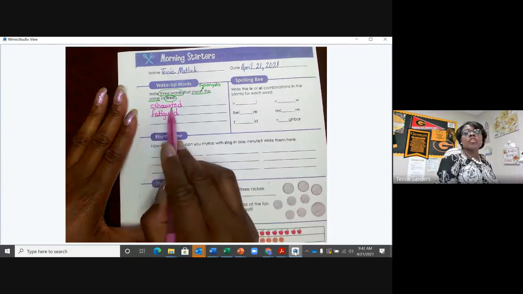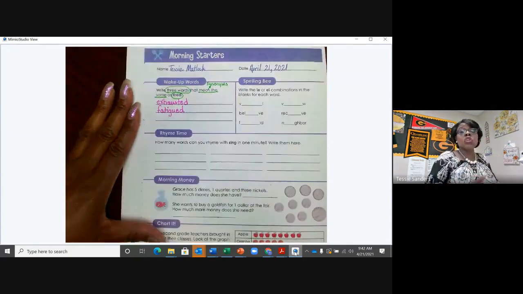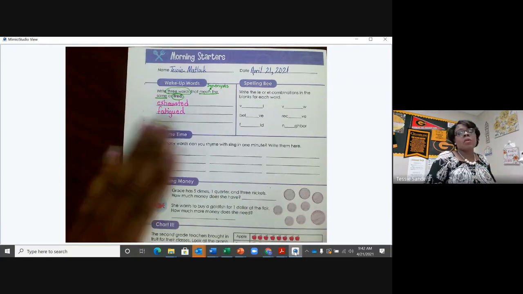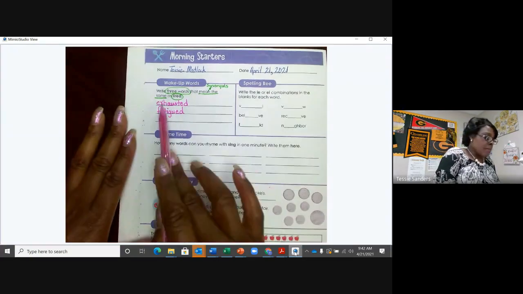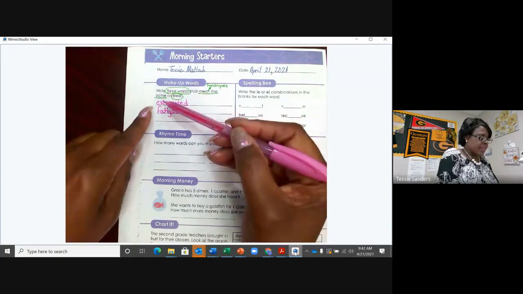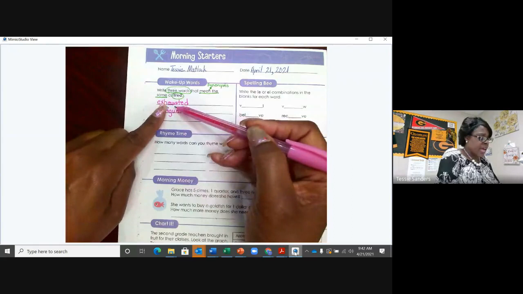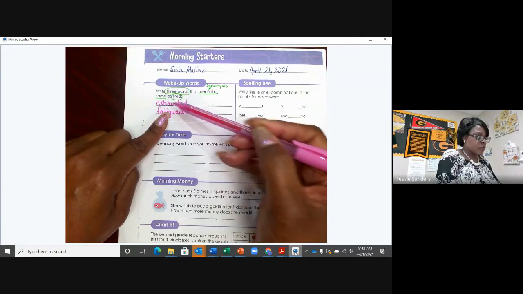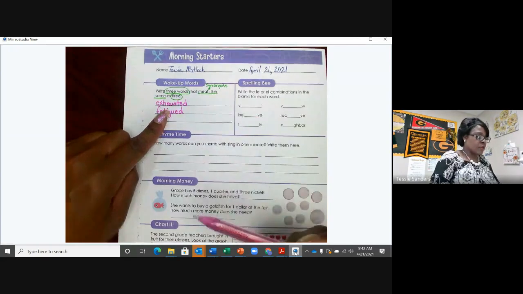Please make sure that you are spelling the words correctly and neatly on the line. Make sure that your letter formations are correct. Again, look at that lowercase a. It is not the lowercase u. This is the lowercase u. So the top of your lowercase a should be closed.